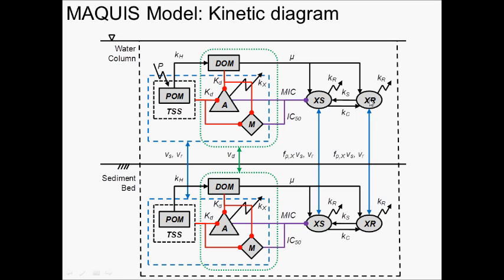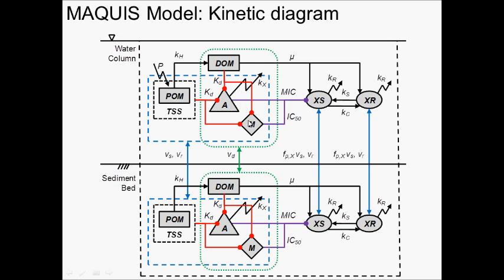The resistant bacteria is not inhibited because it's resistant. There can be flux from resistance to susceptible and back and forth, and this is that exchange of resistance that I talked about in the introduction. Kc is the mechanism that refers to conjugation, where susceptible bacteria become resistant, and Ks is what we refer to as segregation. That's when a resistant bacteria loses the resistance plasmid.